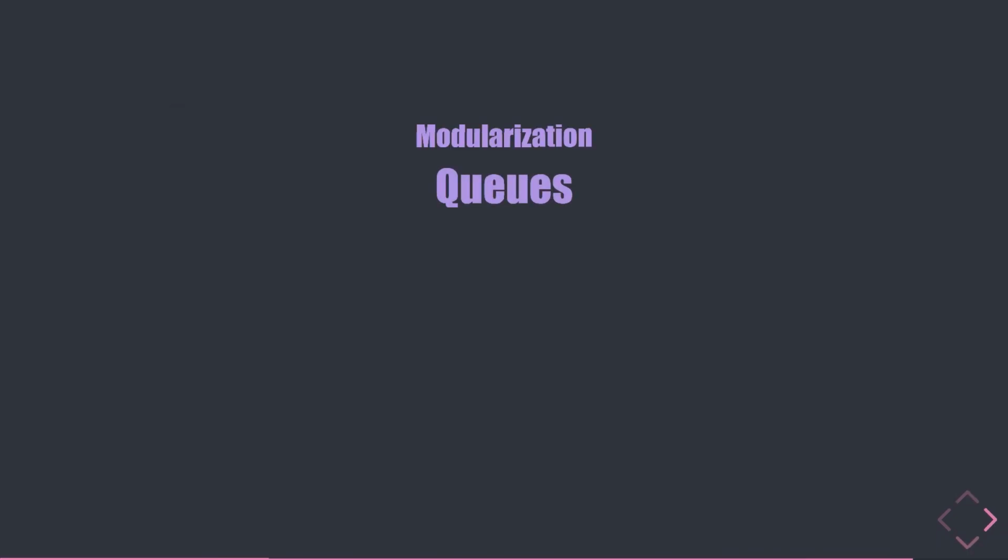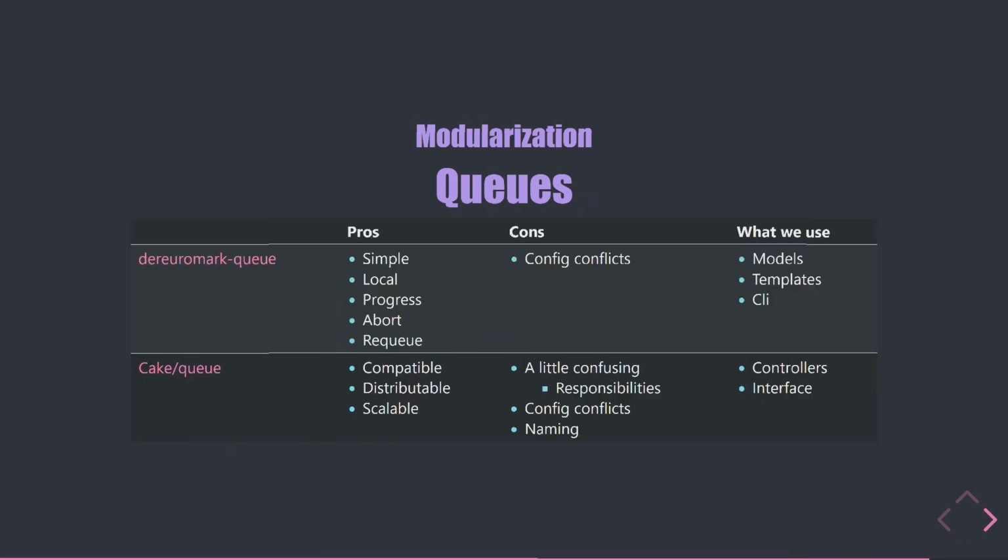Then we've also done modularization for queuing. And so we first started with DeNeuroMarQ because it's much more straightforward than going to the CakePHP queue, because you just have the thing and it's local and you get things like progress bars and abort and requeuing.